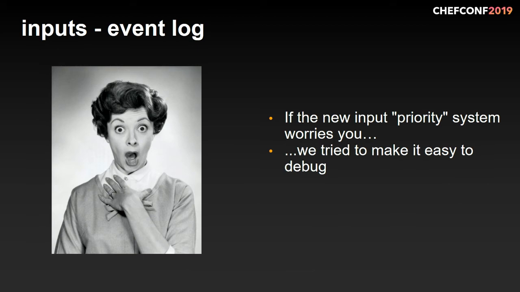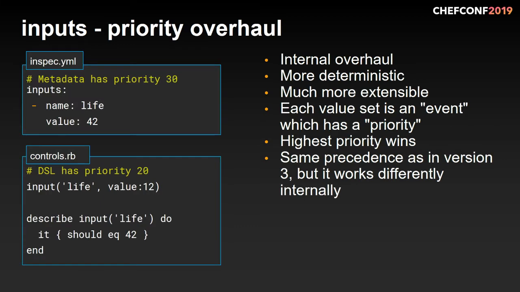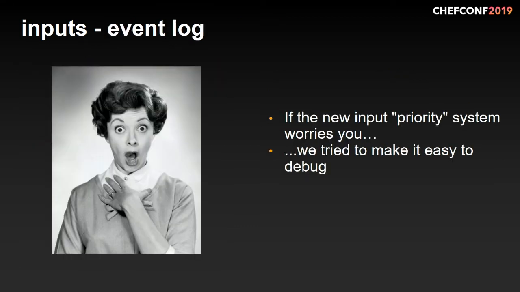And so the event log, just to go back, because I had to touch on this point. Each value set is an event, which has a priority. We're trying to make it easier for you to debug whenever you have conflicts, or when something that was supposed to be higher priority turns out to be lower priority.